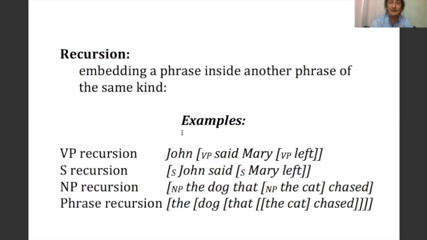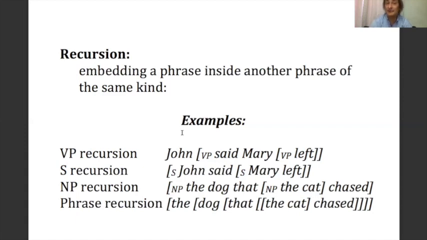The second one contains the first one. So we have a verb phrase inside of a verb phrase. If we have rules of grammar that allow us to put one verb phrase inside of another, then in principle we can do that again. You say Mary said, John said, Mary left. Sue said, Mary said, John said, Mary left. John said, Sue said, Mary said, John said, Mary left. We can keep on going on and on and on.